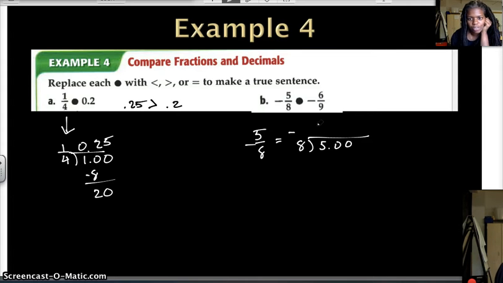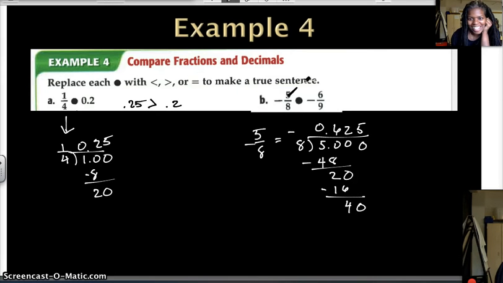So 8 goes into 5 no times, 8 goes into 50 6 times, 48, subtract, get a 2, 0. 8 does not go into 20, not evenly anyway, it does go into 20 2 times, and that gives me 16. When I subtract, I get a 4. I'm feeling good about this. 8 goes into 40 5 times. So this, using a black pen is helpful. So this gets translated into negative 0.625.